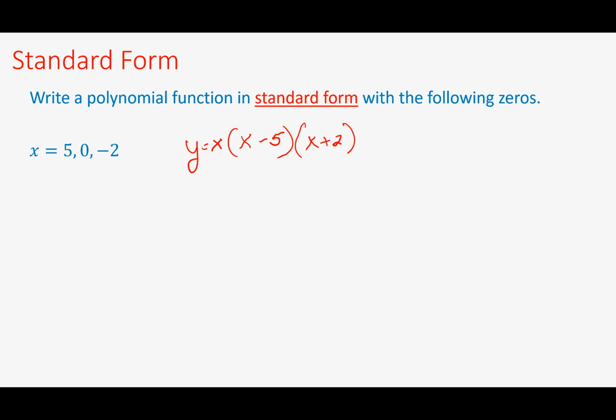But now I need to write it in standard form, and so I'm going to do some foiling. So x minus 5 times x plus 2, I can multiply those together. That would be x squared plus 2x minus 5x minus 10. So that's x squared minus 3x minus 10.